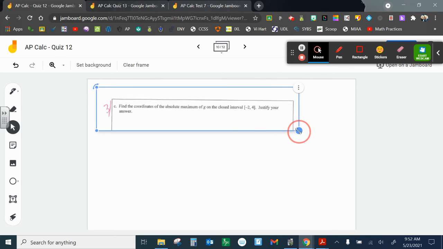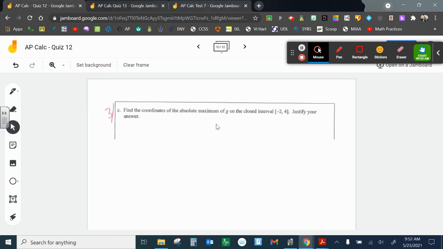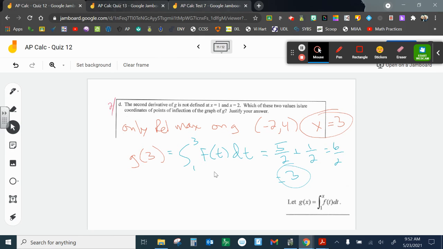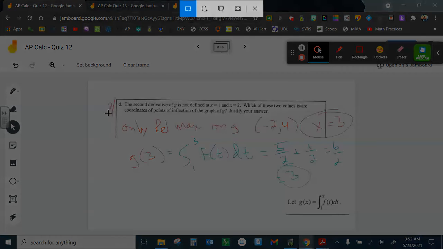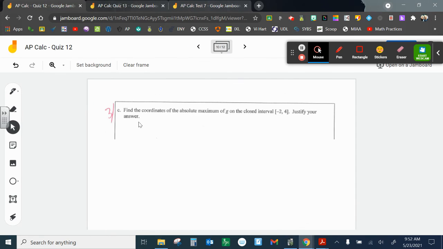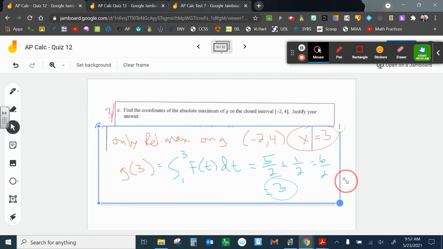All right, I was just doing all the work for part C, where's the absolute maximum? And that's what I was trying to do for that. So let's come back, cut some of this, slide this over to there. I was wondering why it wasn't matching up with the question.